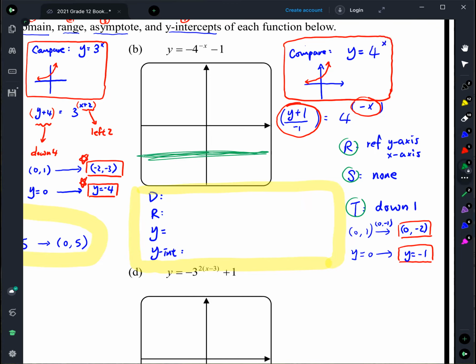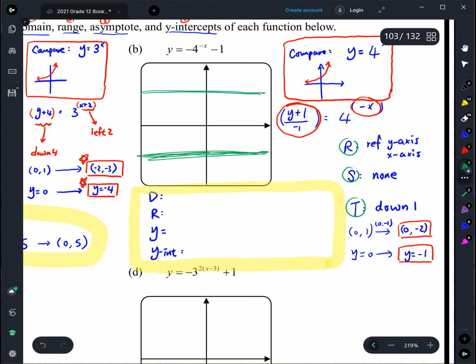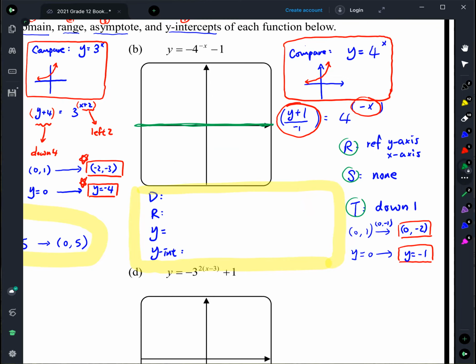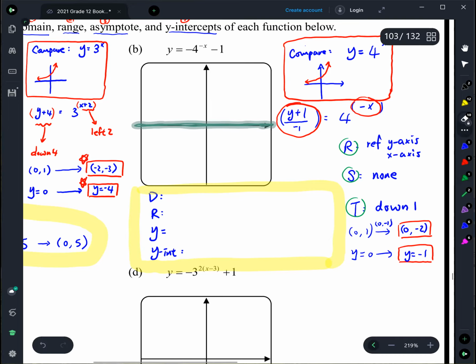If there's a reflection over the x-axis, then it'll flip up to the top, okay? But since our original asymptote line is at the center, right on the x-axis, no matter what reflection you do, right, flipping left and right, flipping upside down is still gonna stay at the same place. Okay, so reflection does nothing to the asymptote line, okay, for this one.